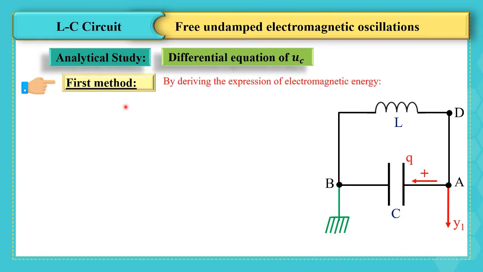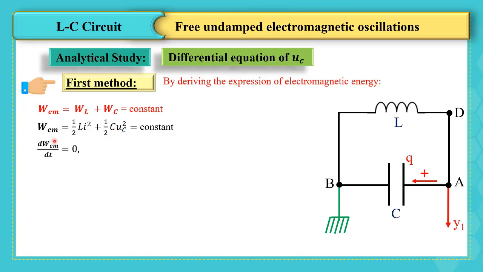The electromagnetic energy is equal to magnetic energy plus electric energy, and in the absence of resistance it is constant. So half L i squared plus half C UC squared equals the electromagnetic energy. Since electromagnetic energy is constant, the derivative of this energy will be 0.